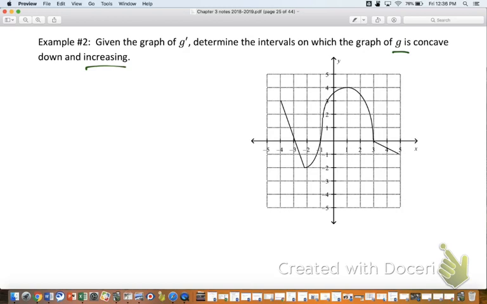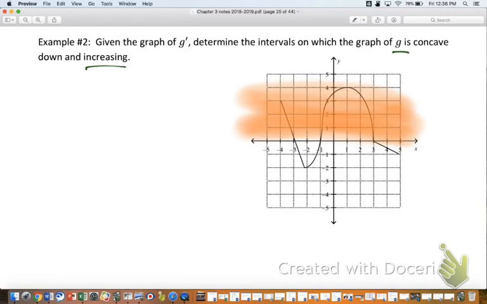Above the x-axis. So I can take a highlighter, mental or otherwise, and say this up here, that's the only part that I care about. I do not care about any part of G prime being below the x-axis, because if G prime is below the x-axis, G is negative.